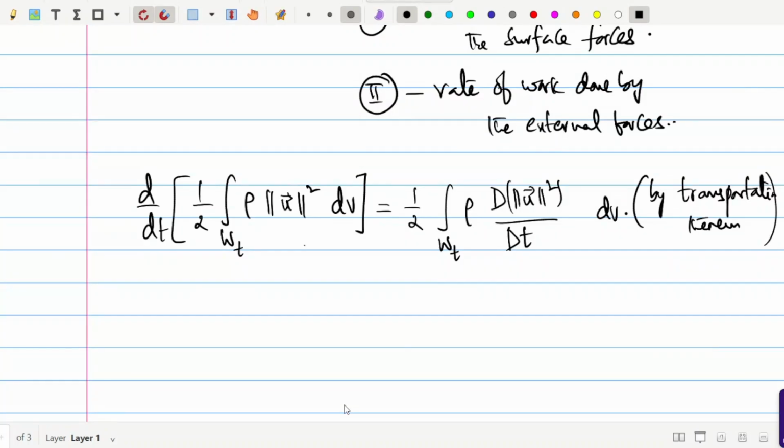Now what is the right hand side? What does the norm of u squared mean? This is basically u dot u. Since it is this, you differentiate twice.